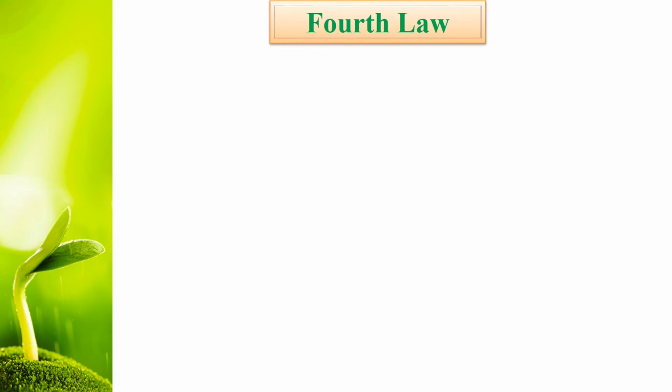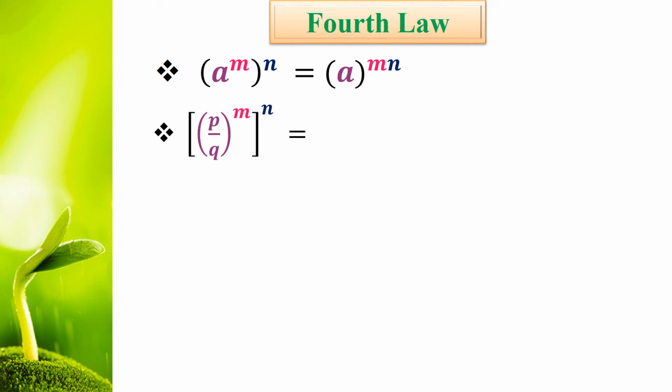Fourth law, (a to the power m) whole power n equals a to the power mn. If p by q is any rational number and m and n are two positive integers, then ((p by q) to the power m) whole power n equals (p by q) to the power mn.